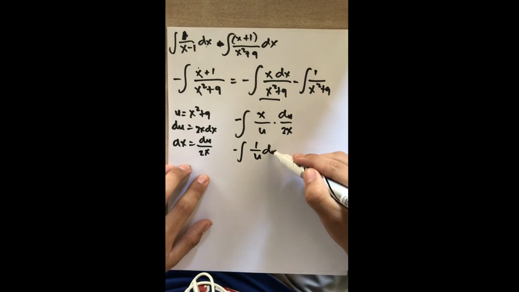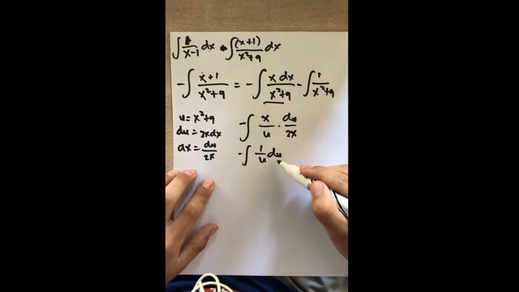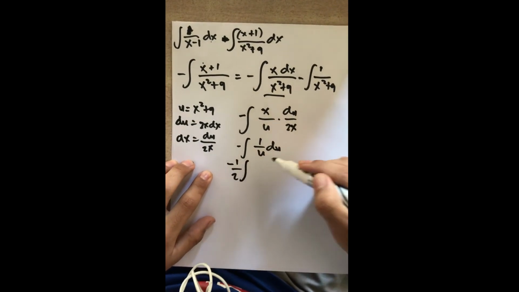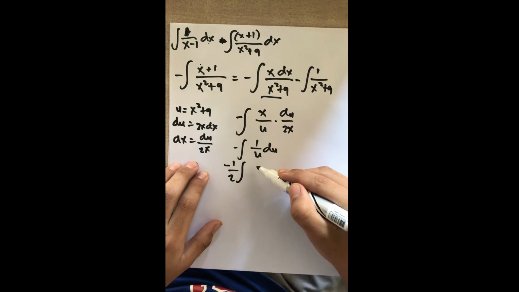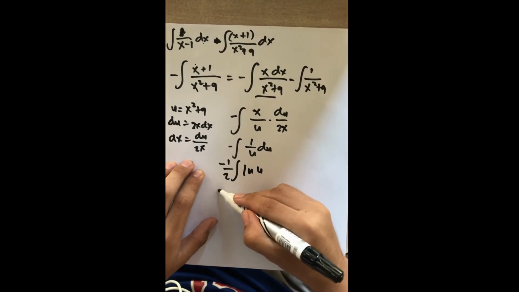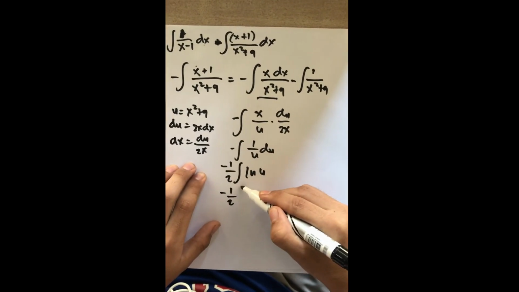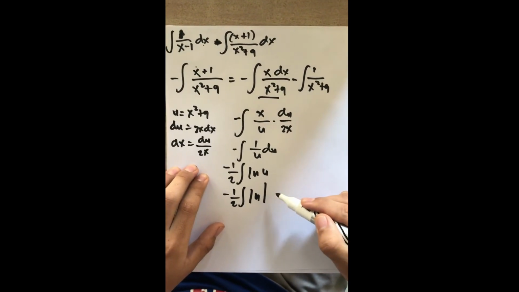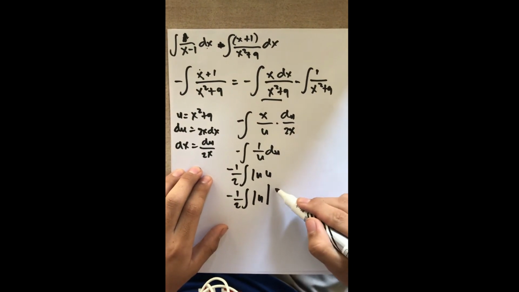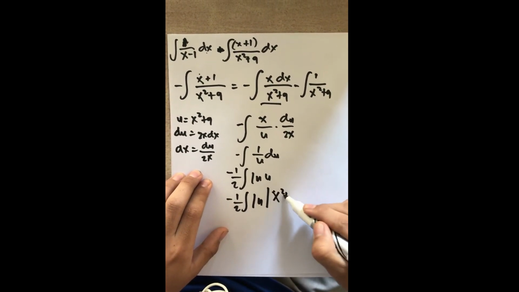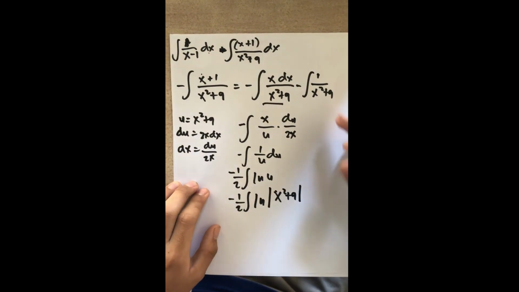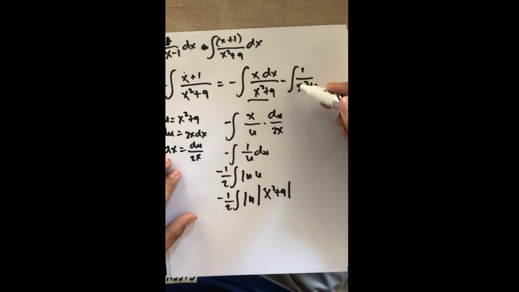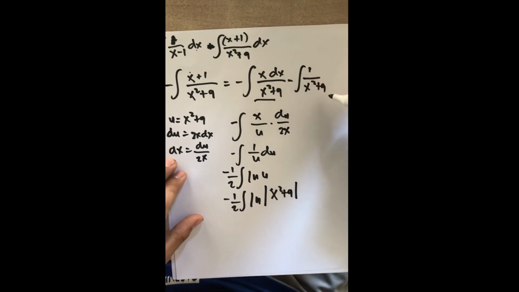What will remain is 1 over u du. So bring out the negative 1/2, or negative 1/2 integration, ln u. Since u is equal to x squared plus 9, therefore it is equal to negative 1/2 ln of x squared plus 9.